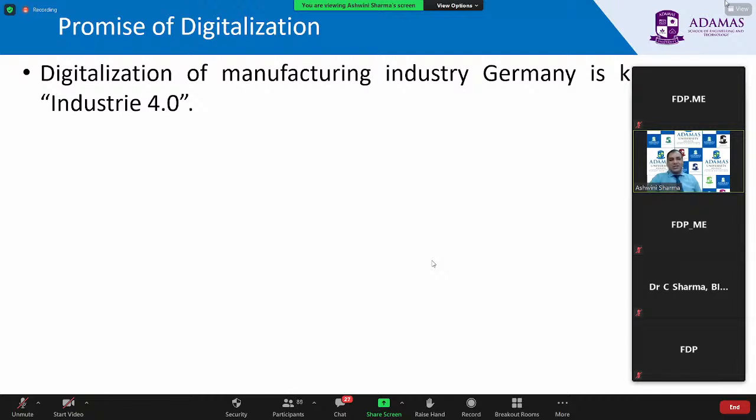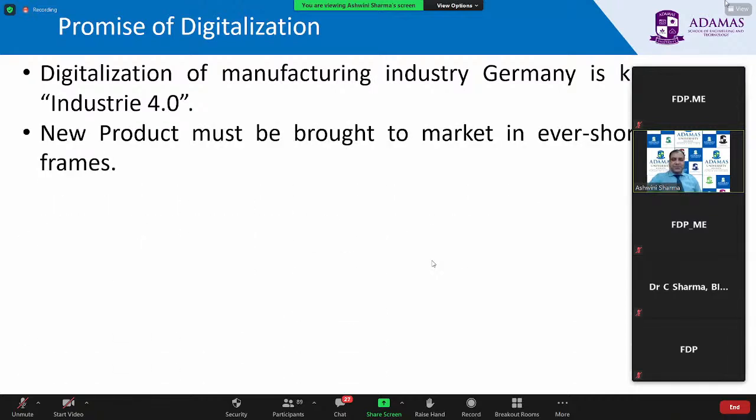This Industrie is not with Y, it is with IE. That's a German term, right? And that's what they are referring to as Industry 4.0. Why it is needed, let us see.